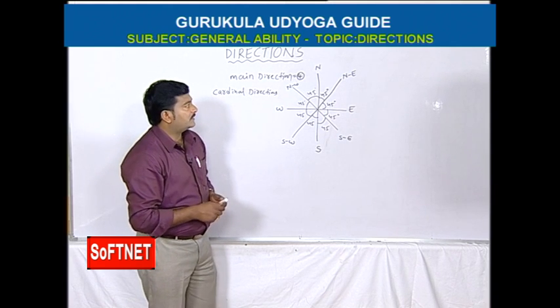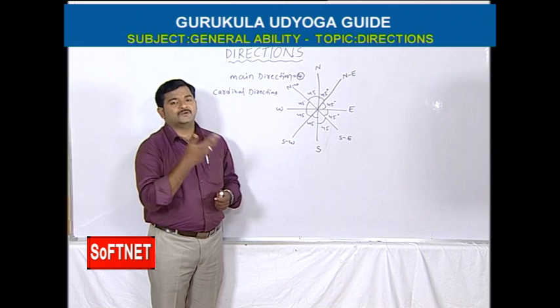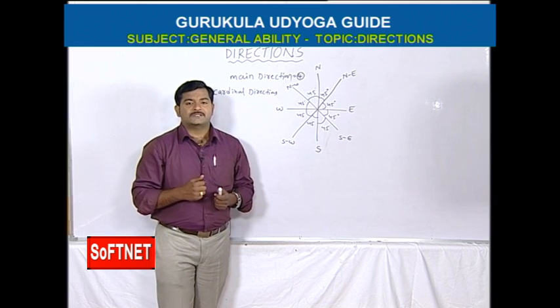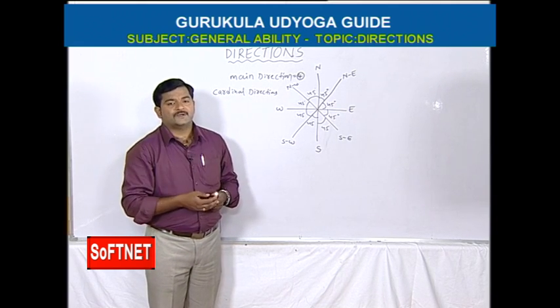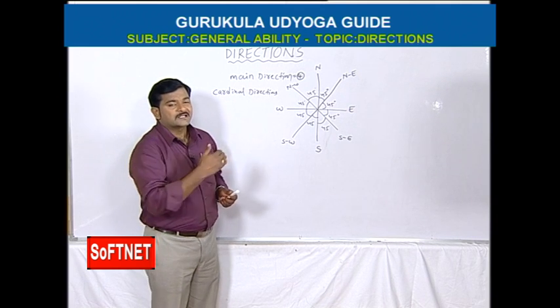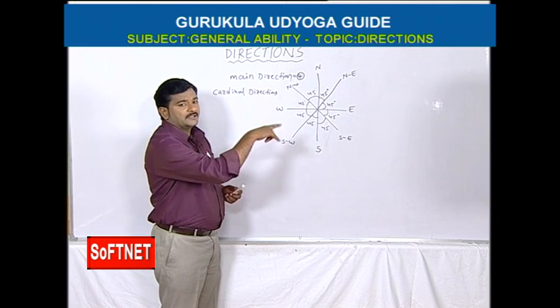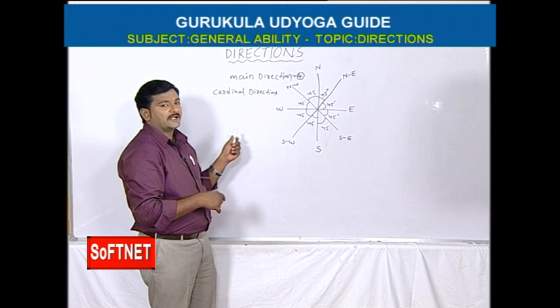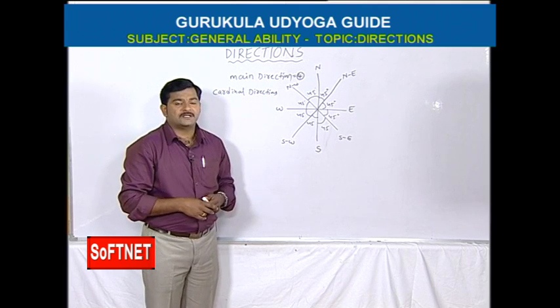For example, think that a person is facing towards the north. If the person is facing towards north, his right side direction is east and his left side direction is west.